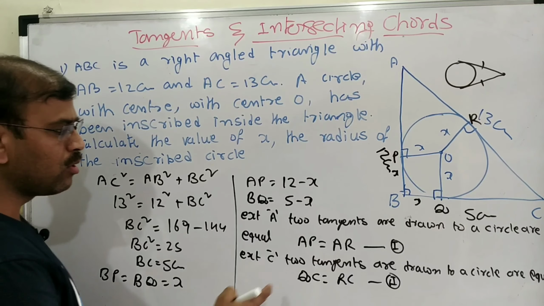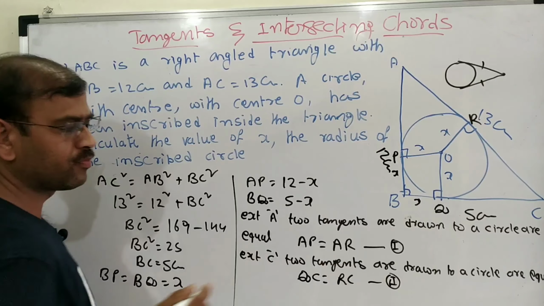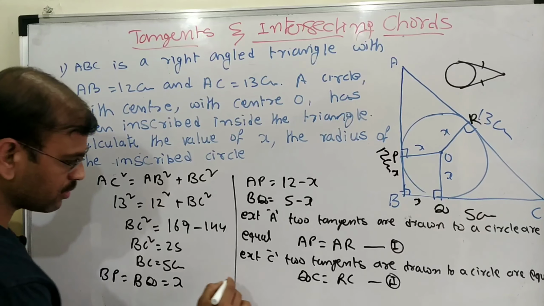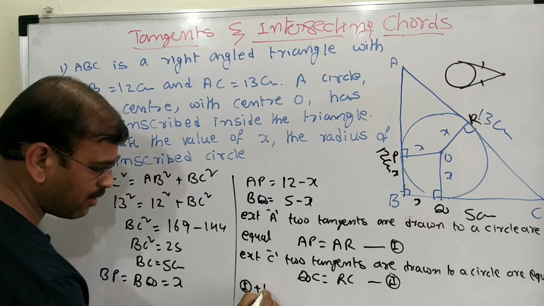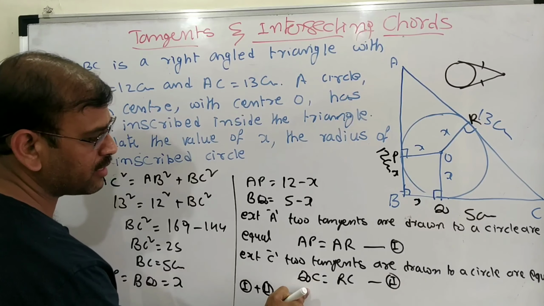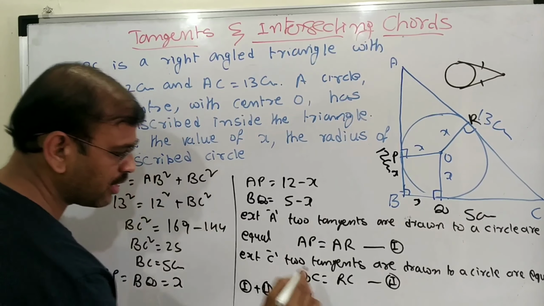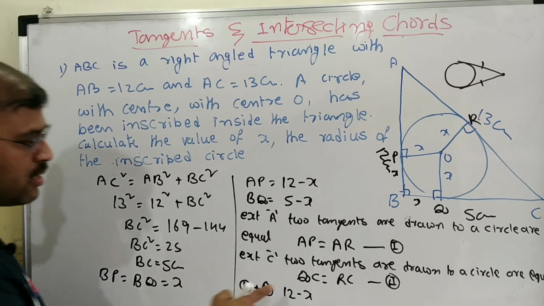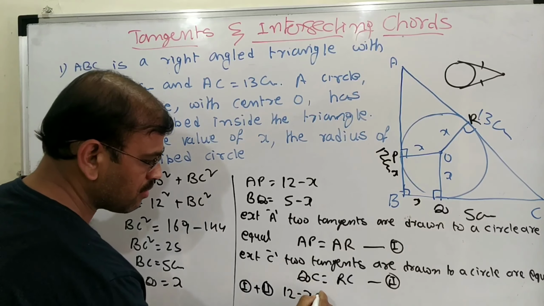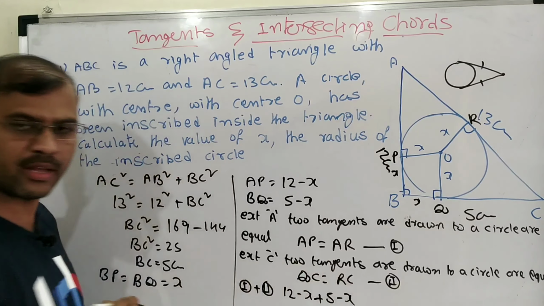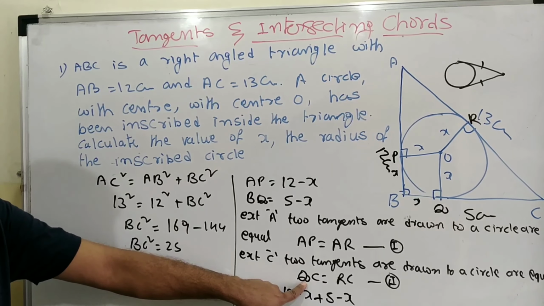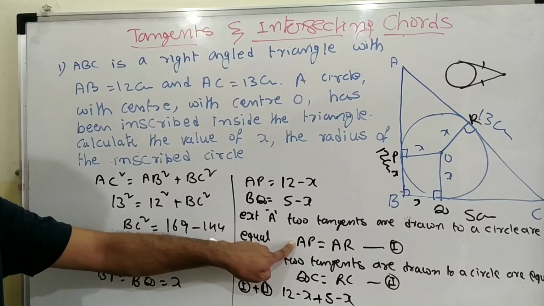Now I am going to add 1 and 2. When I add 1 and 2, what do I get on the left hand side? AP value is 12 minus x. QC value is 5 minus x. I am adding the left hand side, remember carefully.